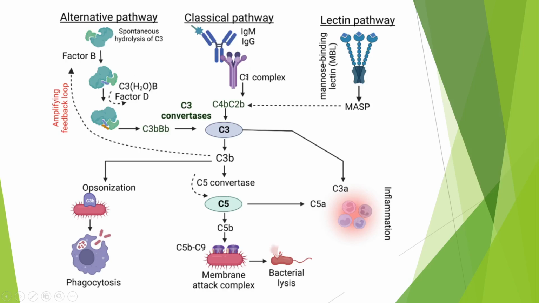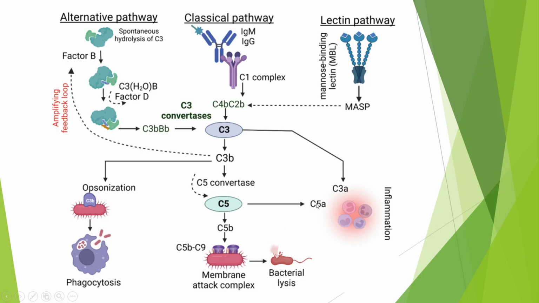Then we have classical, which has the C1, C4, C2, and we have lectin, in which mannose binding lectin binds to the mannose residues or carbohydrate residues. Then we have ficolins and MASPs, which again form the C3 convertase, and C3 then helps in formation of C5 convertase, and C5b helps in membrane attack complex formation, where C5b binds to C6, C7, C8 and multimers of C9, forming a pore complex in the pathogenic cell.